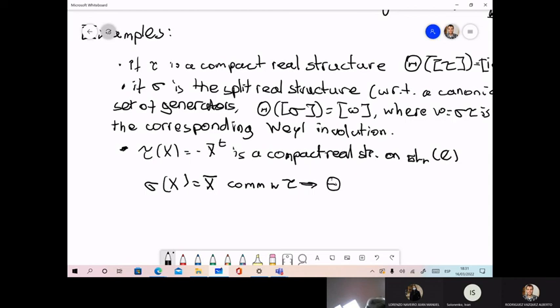And the corresponding involutions are the following. The class of sigma tau, where sigma tau of x is just minus x transpose.